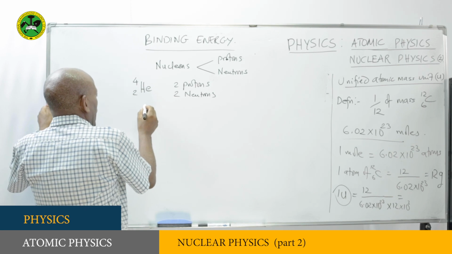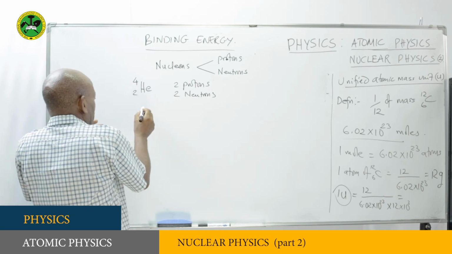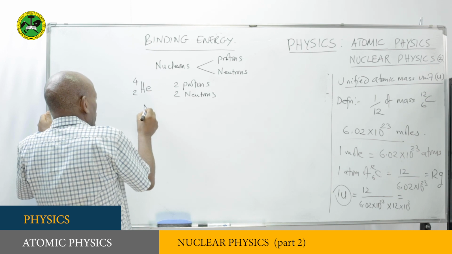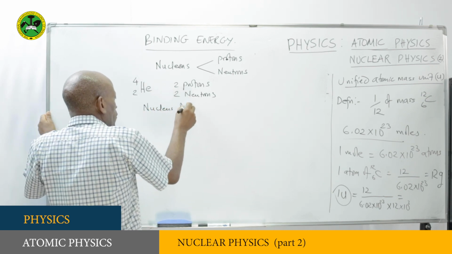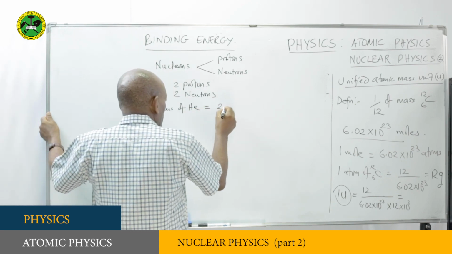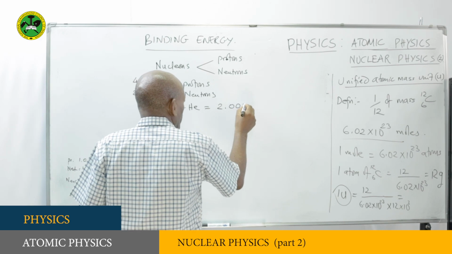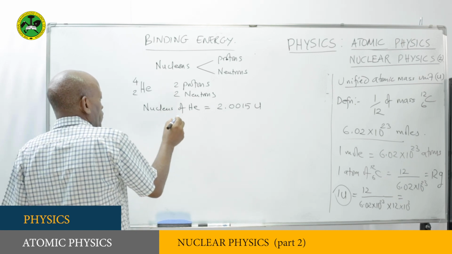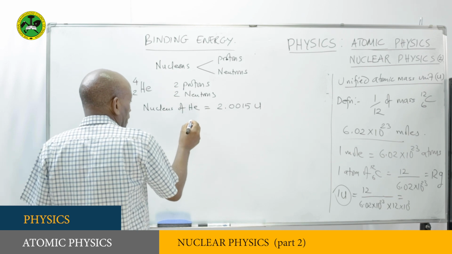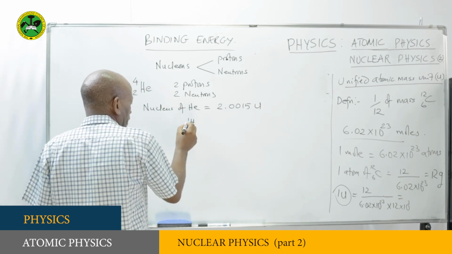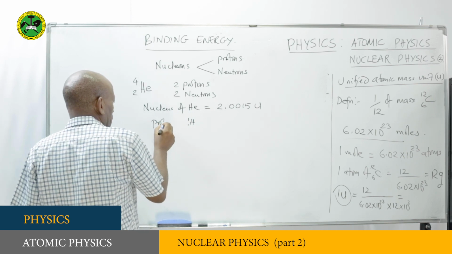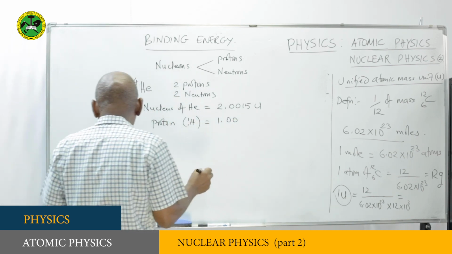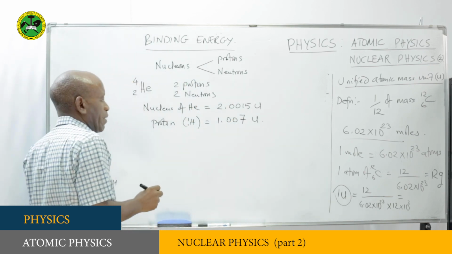And as a nucleus, the nucleus of a helium has a unified mass of 2.0015 U. But the unified mass of a proton is equal to 1.007 U, unified atomic mass.